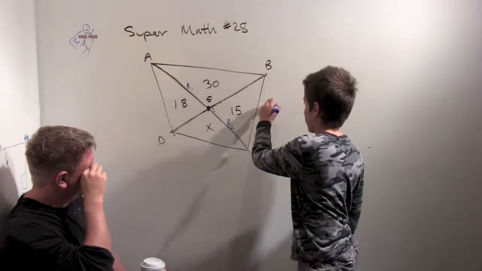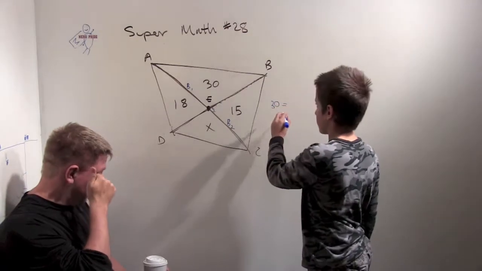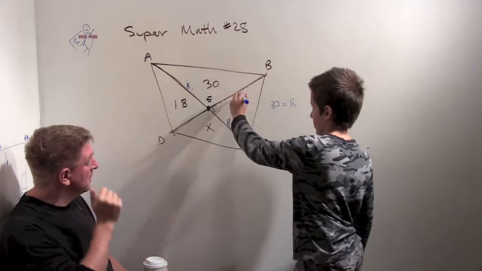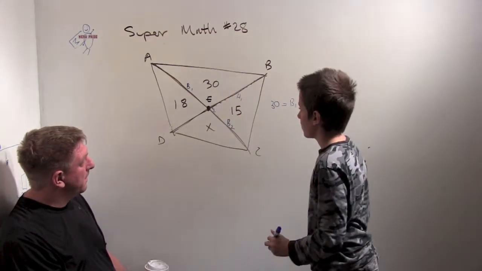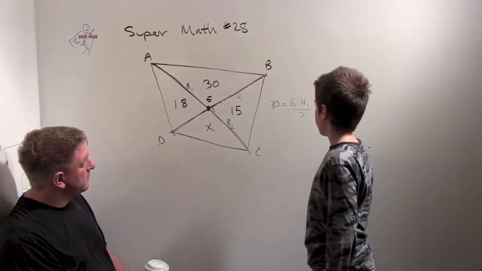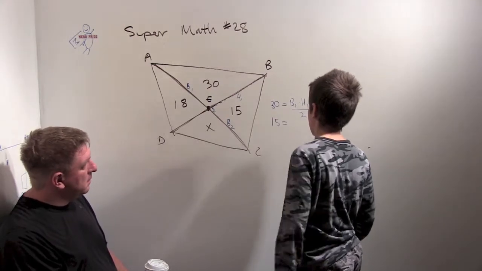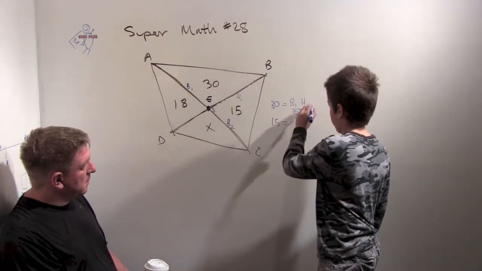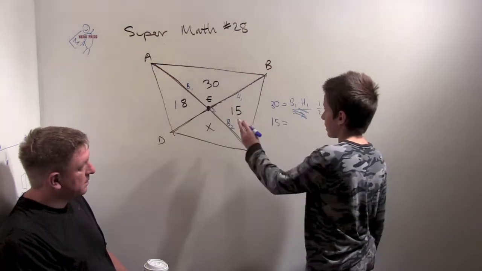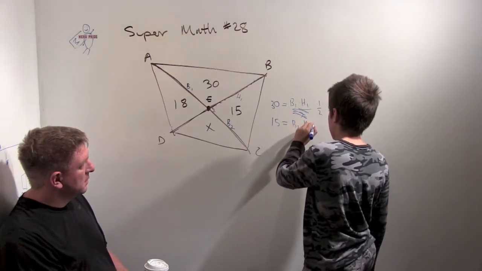So we know 30, which is the area of this triangle, is base 1 times, I'm going to call this h1, over 2. And 15, I'm just going to write this as 1/2 to make it a little easier. 15 is b2 times h1 times 1/2.